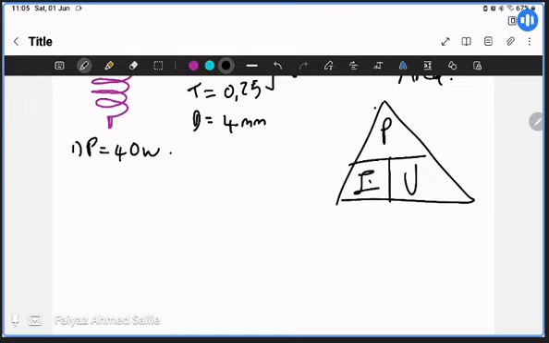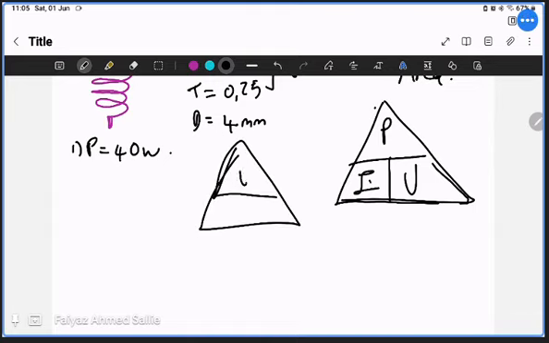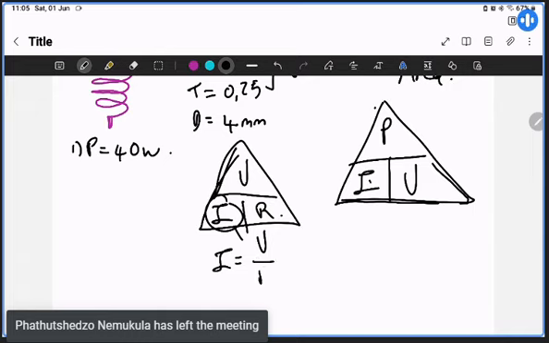To manipulate this question, you can remember the other triangles for power, or you can just use Ohm's law, which is voltage equal to current times resistor, right? So we know that the current is equal to the voltage over the resistor.